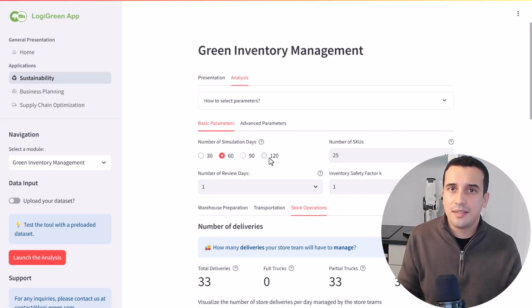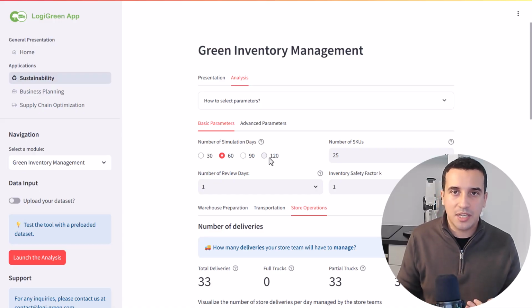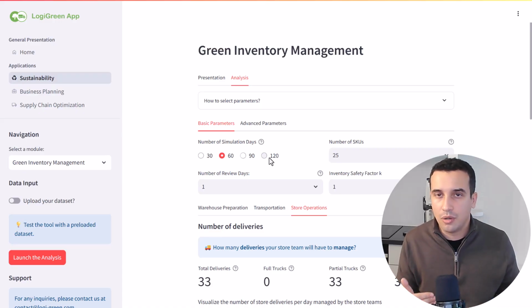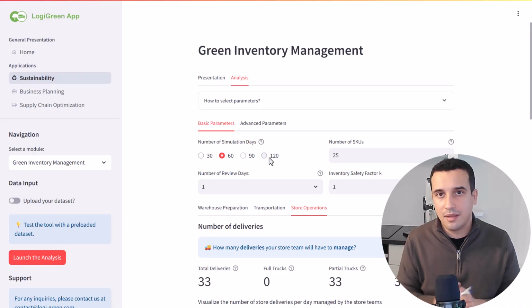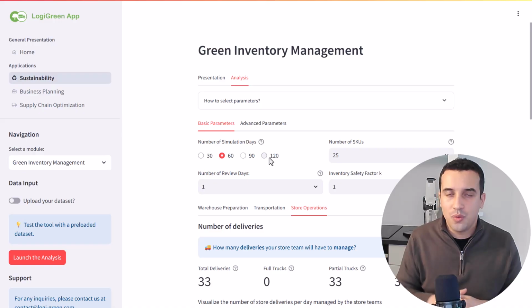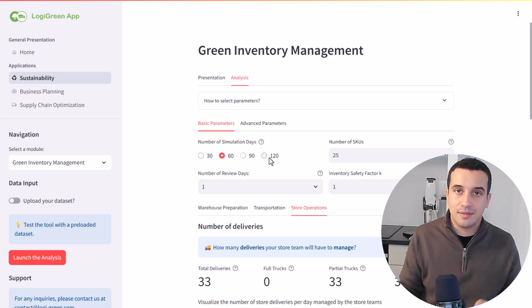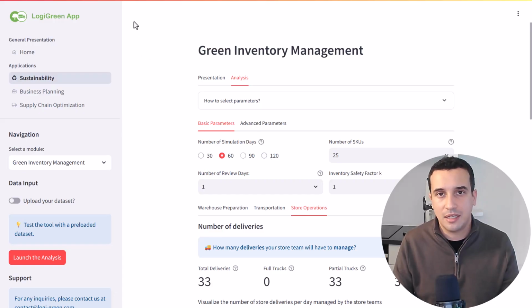So now that I know a bit about MCP servers, I wanted to experiment with what the interaction would be if, instead of giving them access to the LogiGreen Apps, I give them access to a Claude desktop instance where they can directly ask Claude specific questions on the green inventory management module with data that is directly coming from their operations. And this is the experiment I did, and I will show you that in the next section.